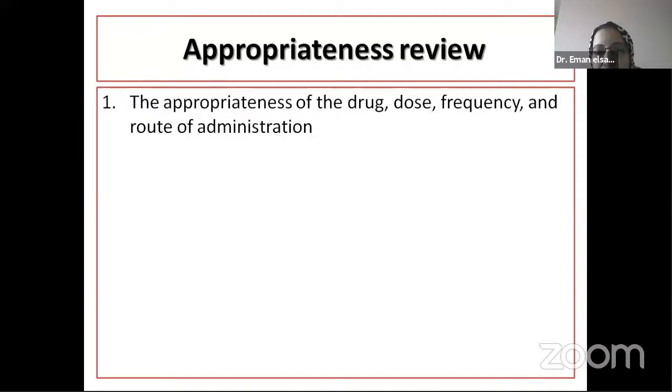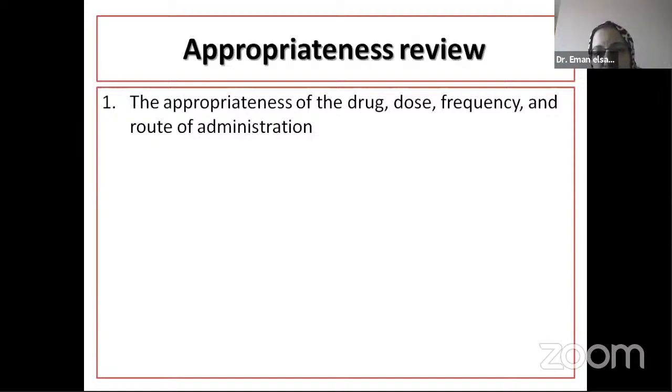That's why the medical profile for the patient should appear to the pharmacist, whether through the medical file or the electronic medical file. So first of all, we need to know if this drug is right or not, appropriate or not. So we should know first why this medication was written. What is the indication for this medication?